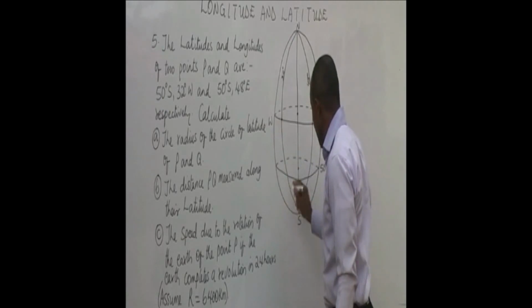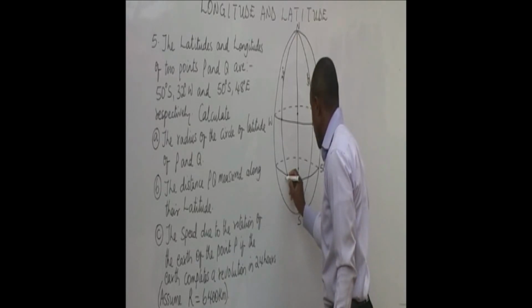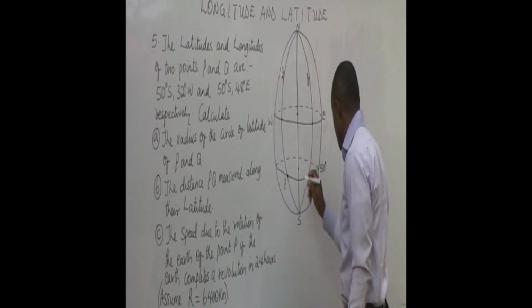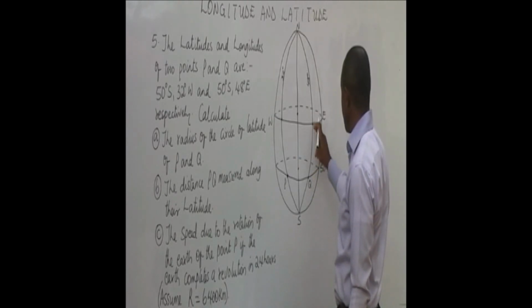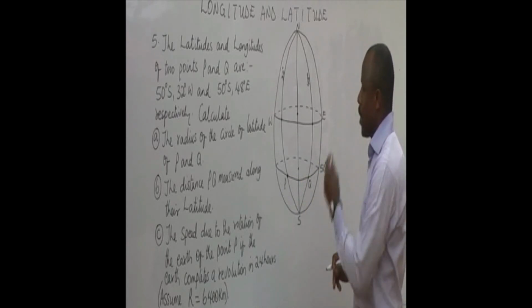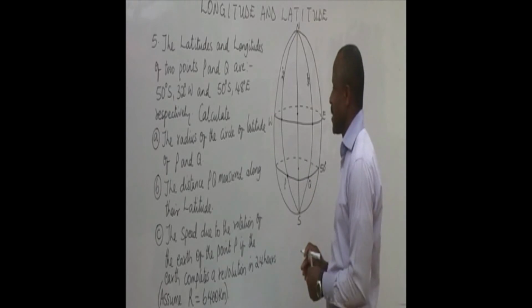It's not on the equator. It's on the line of latitude 50 degrees south, please. So this is P, at the point of intersection of the line of longitude and latitude, and here will be Q. So P and Q are not at this place and this place, they are here and here. Okay. Now we have represented the 2 points.